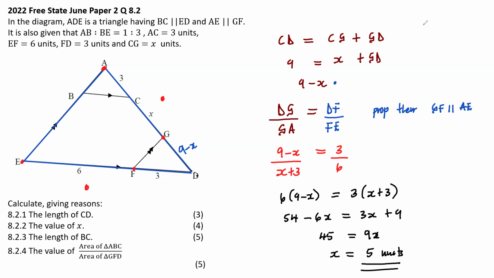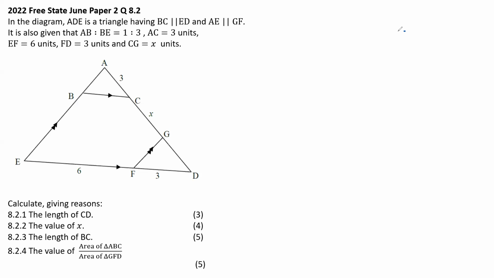8.23. Now, I want you to hear something and listen to me carefully. This will help you in questions. So I want BC. That's what they want. Now, listen to me. I've got the triangle, the big triangle, AED.